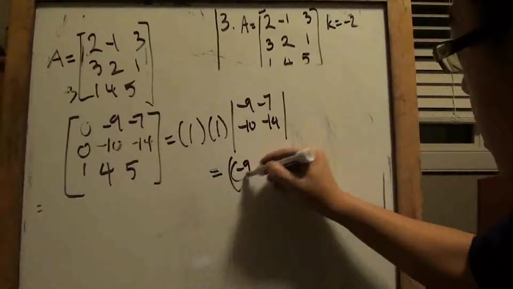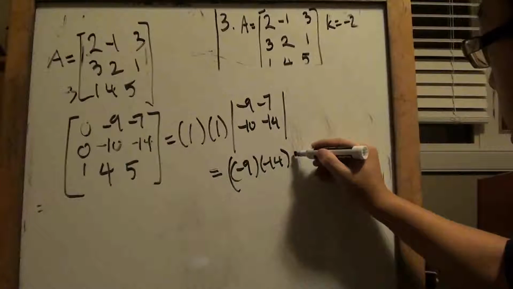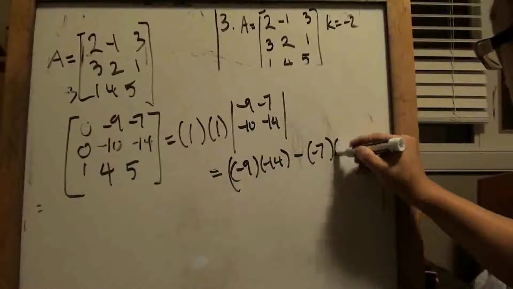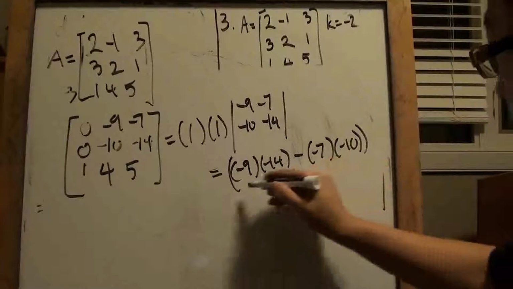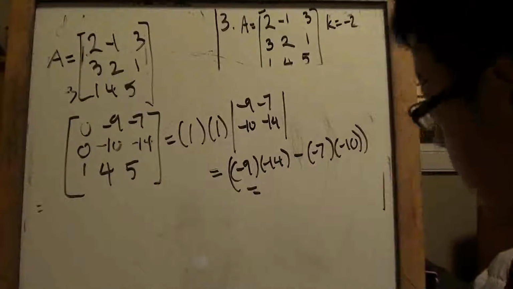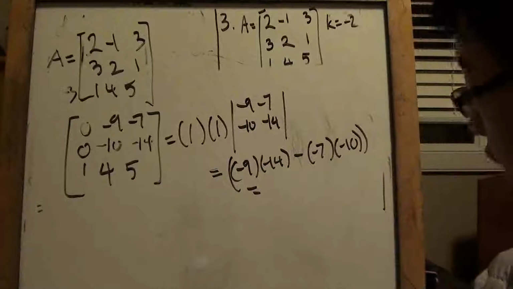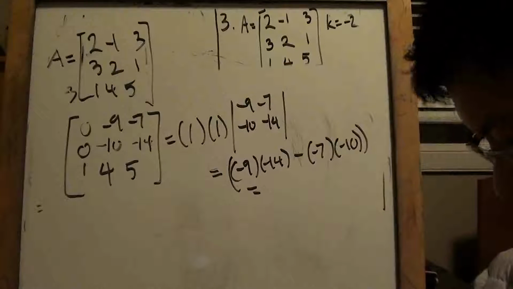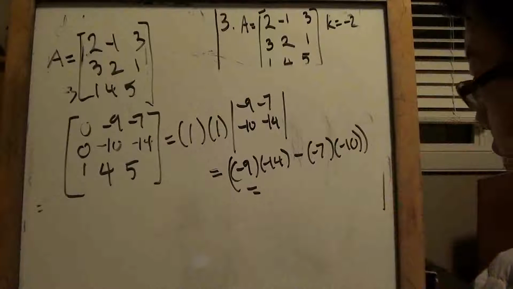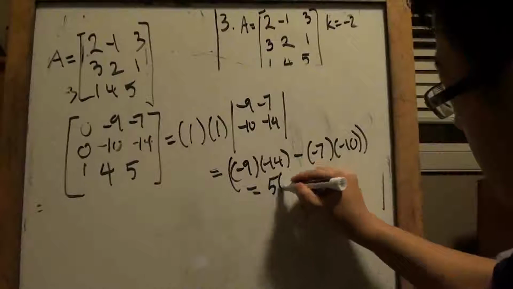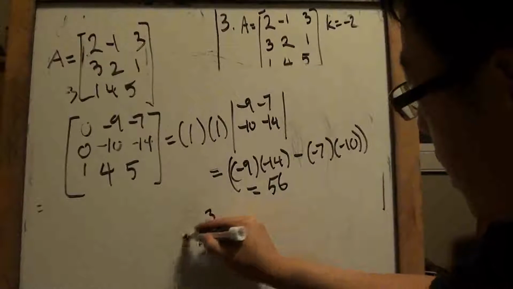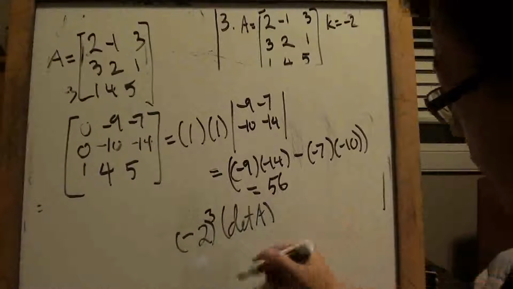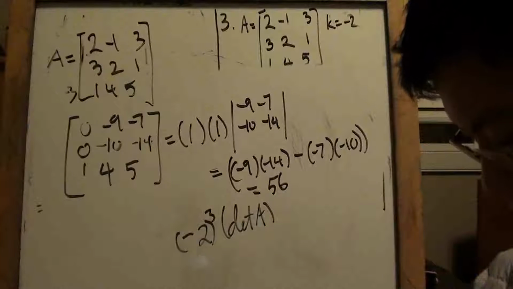Okay, -9 times -14 positive, minus 7 times -10. So that's going to be -9 times -14, minus 70. It's going to be 56. Now it says 2 to the power of 3 negative times the determinant of A, right? So if that's 56, please give me the right answer.